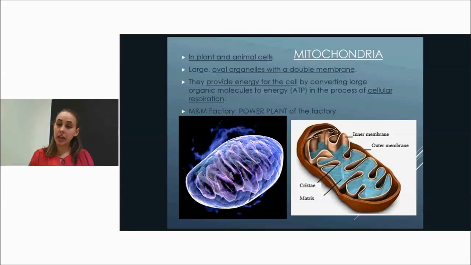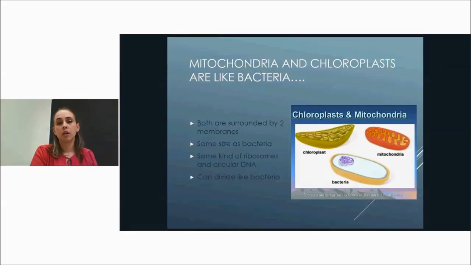So you're talking about taking glucose, the sugars and stuff like that from the cell, and turning it into energy. And it's through a process called cellular respiration. We will get further into the process of cellular respiration later in the year. So because they provide energy in the form of ATP for the cell, they power everything that goes on within your cell. So for the M&M factory analogy, they would be the power plant of the factory.